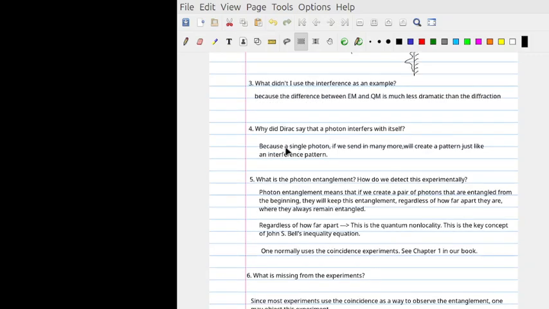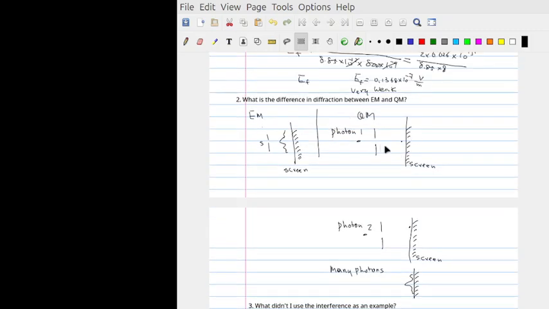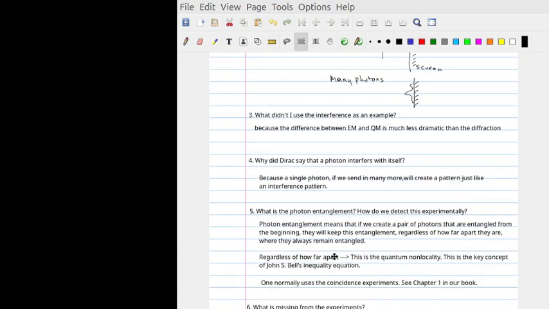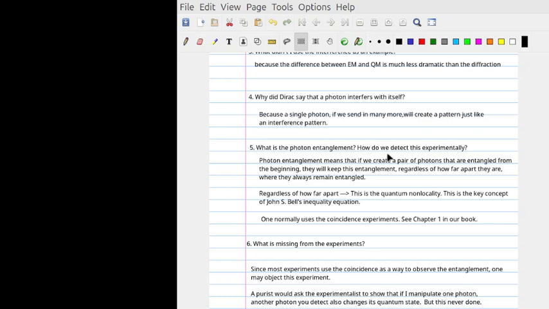Even though when we shoot just one, you cannot see the interference, in order to see the interference pattern you need more. So there's an irony between these two. A single photon itself does not manifest interference, but if you have more, that effect will come out.